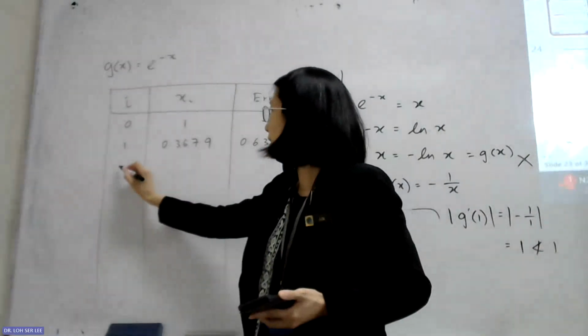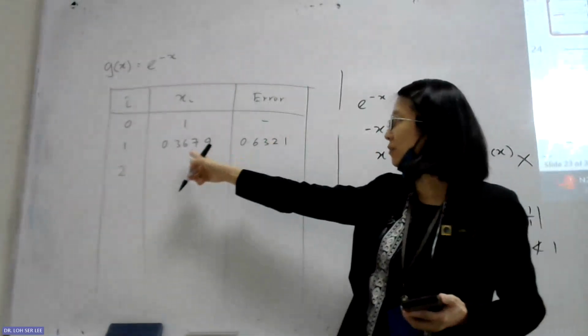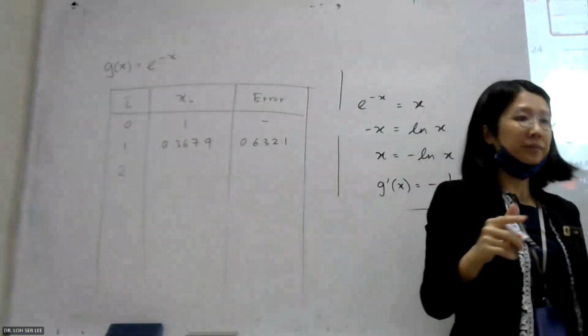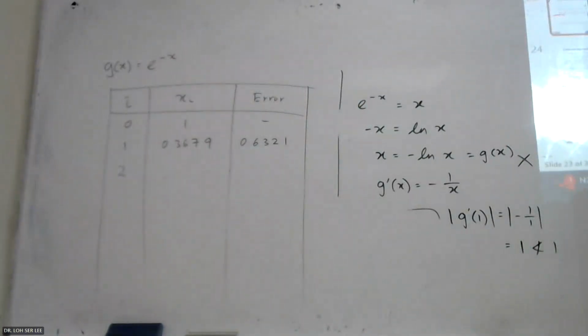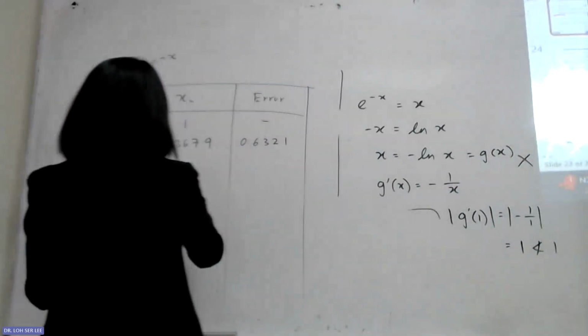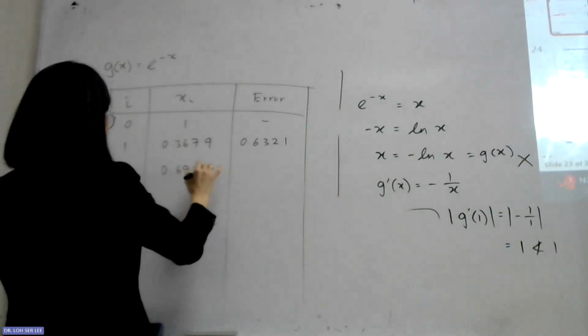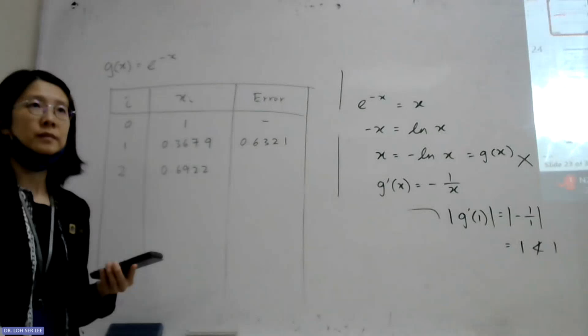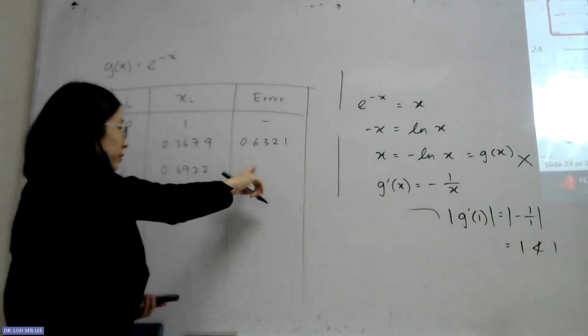Okay, then next we substitute this into this x. 0.3679. Okay, so suppose you get 0.6922, right? Then find the error.